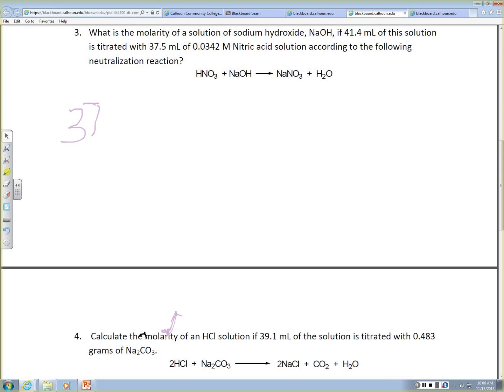So we have 37.5 milliliters, and 0.342 millimoles.